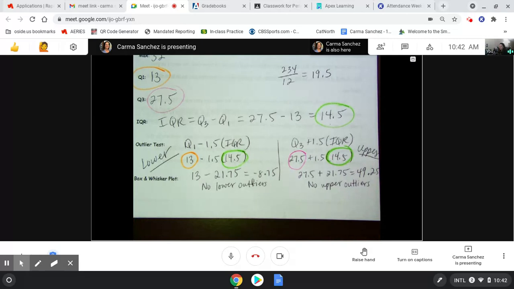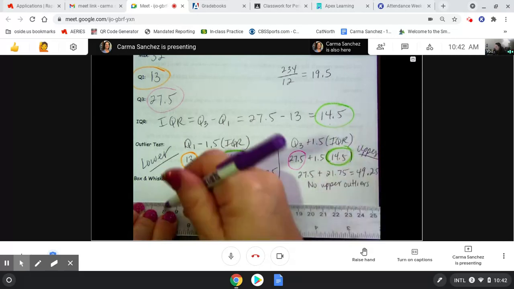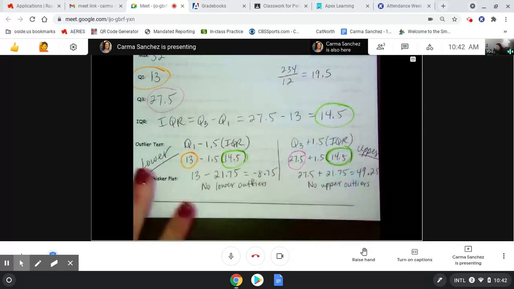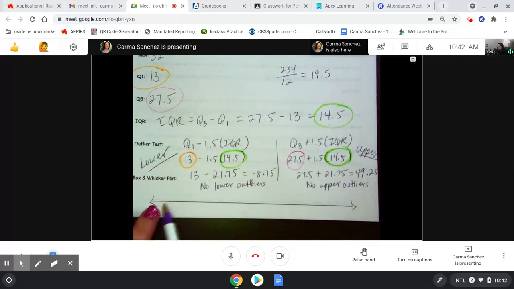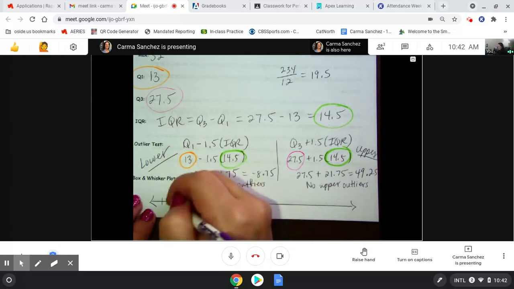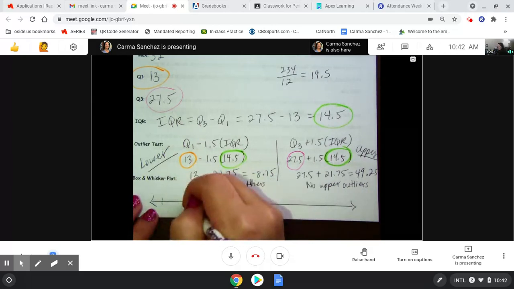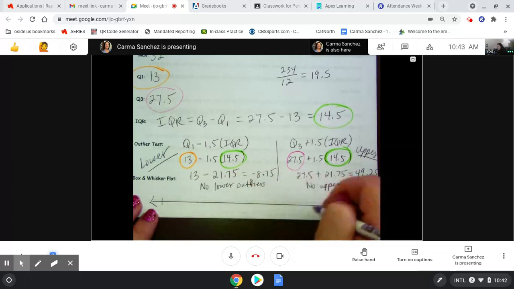So I'm going to go grab a ruler. I'm going to go connect a line. Scaling is up to you. How do you want to scale? We need to go from a 7 up to a 32. So you can try by ones, 7, 8, 9, 10, 11, 12, 13, 14, 15, 16, 17, 18, 19, 20, 21, 22, 23, 24, 25.